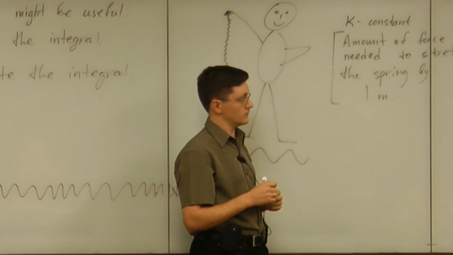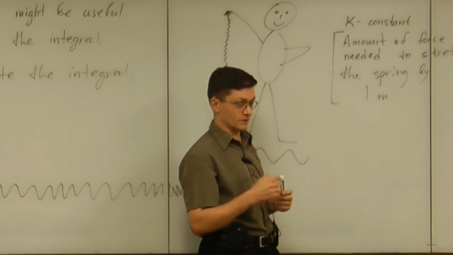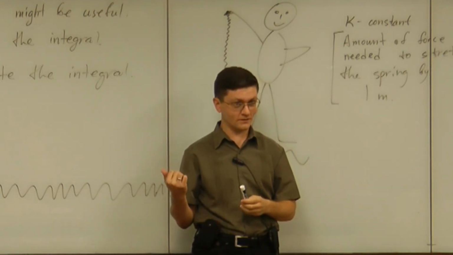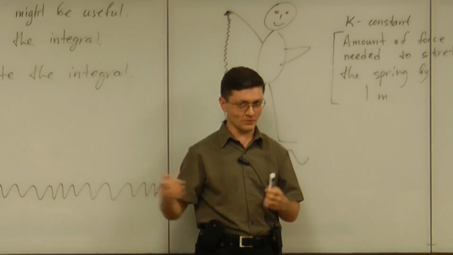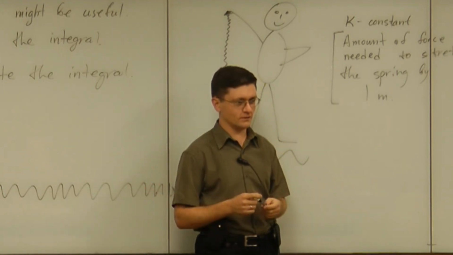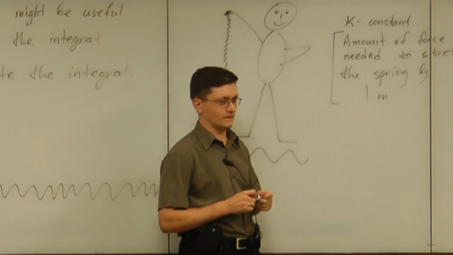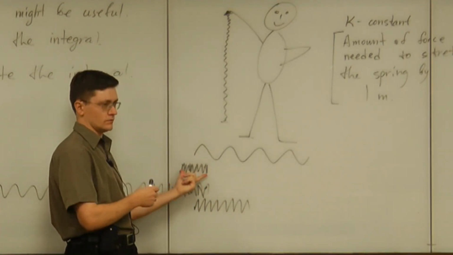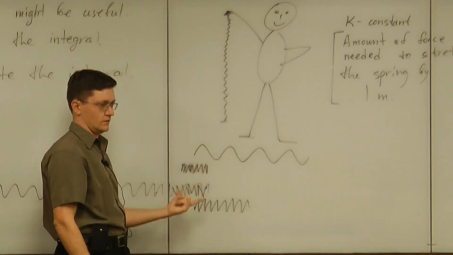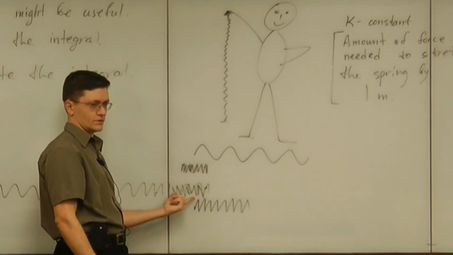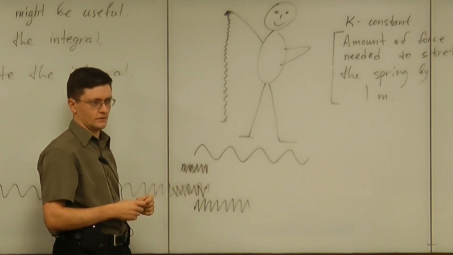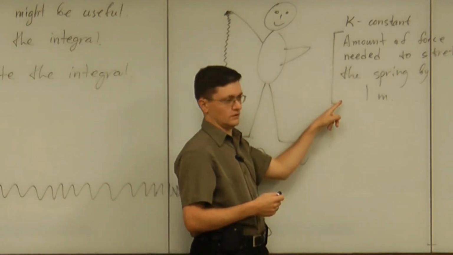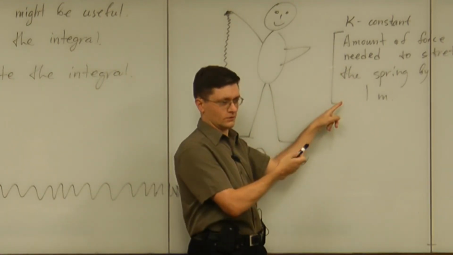Mass. Mass? Mass of the spring? And the length? What about the length? So what should we do with the length? If the short spring produces large force and the long spring produces small force, how should we modify this description to get a constant as a result?